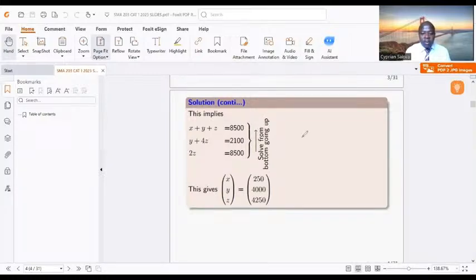Using this last equation, if you divide both sides by 2, you get z to be 4,250. Then you move to this second equation, you have y plus 4, but what is z? Z is 4,250, and that should give you, is supposed to be 21,000.